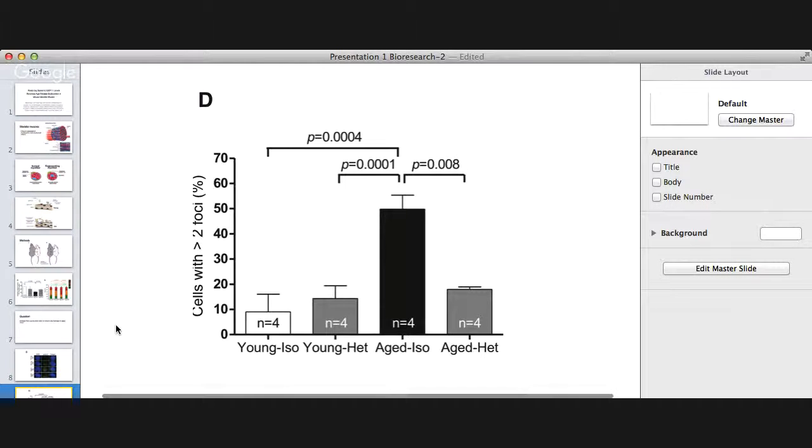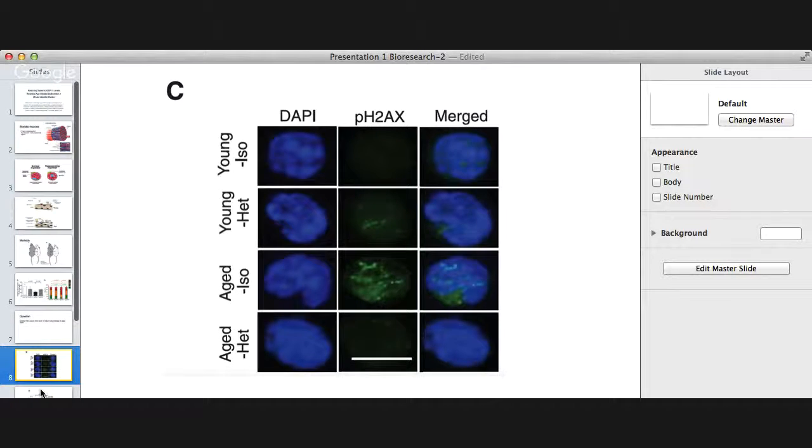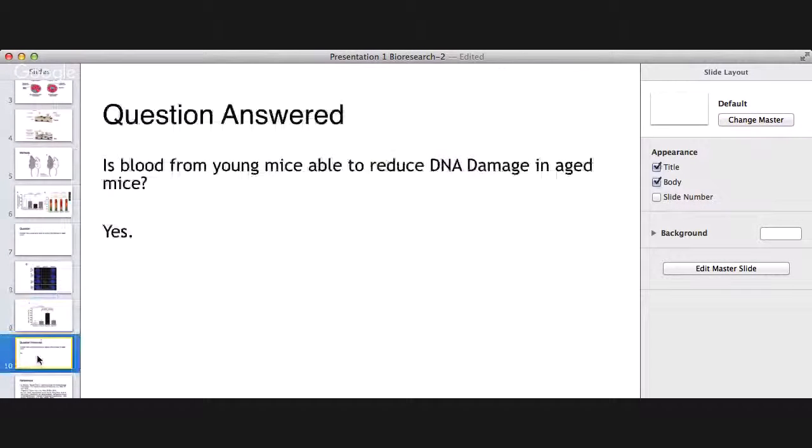So, answer to the question, is blood from young mice able to reduce damage in aged mice? Yes. And we see that just because of the evidence that's been shown, because of the graphs that have been apparent throughout the entire slide.